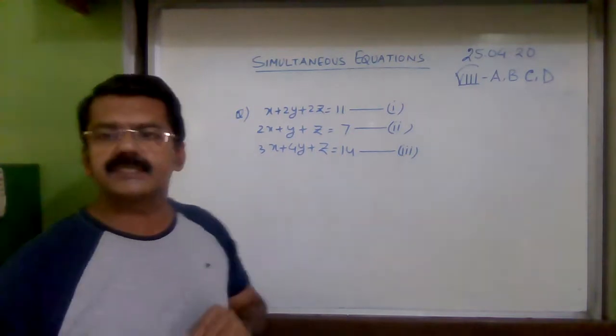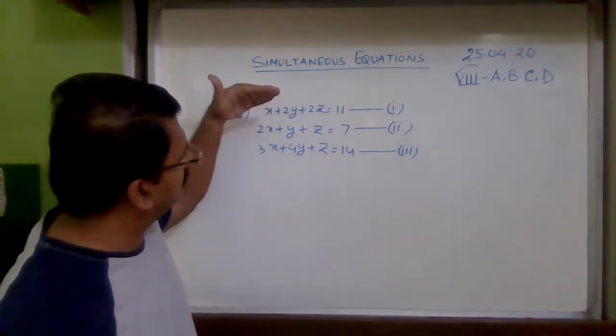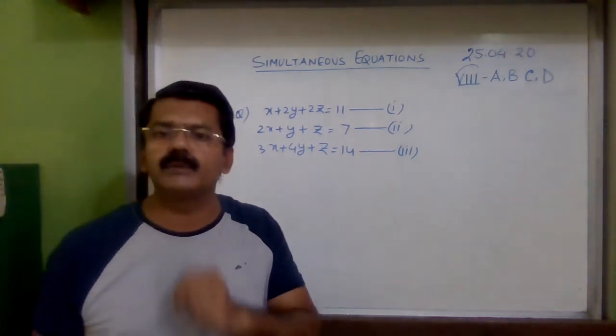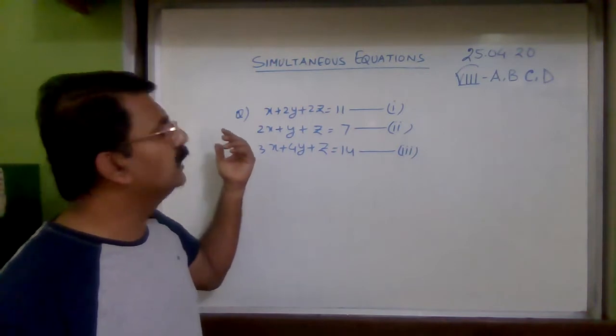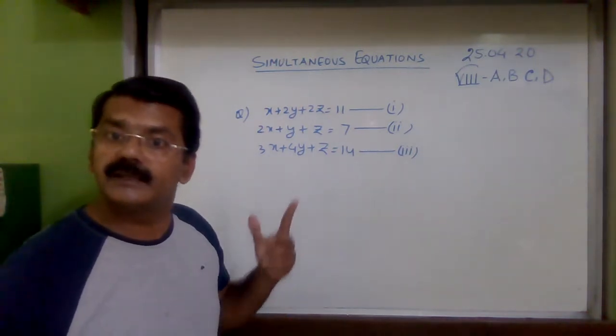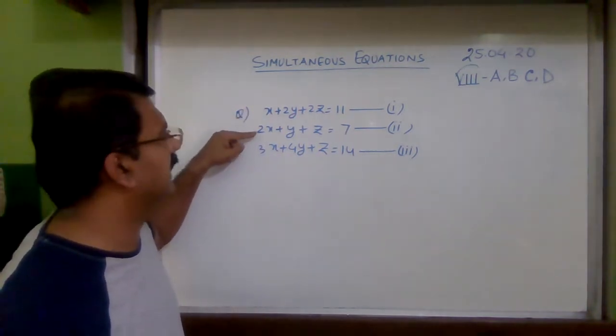Now the first thing that we have to do here, taking 2 equations at a time, out of the 3 equations, you eliminate one variable, and the same variable should be eliminated both times. So suppose I take the first equation and second equation.